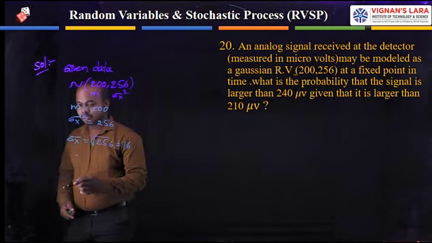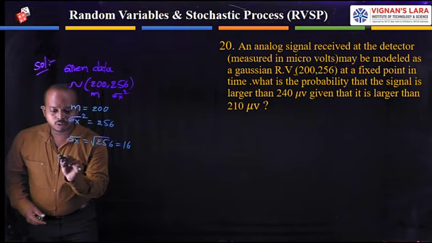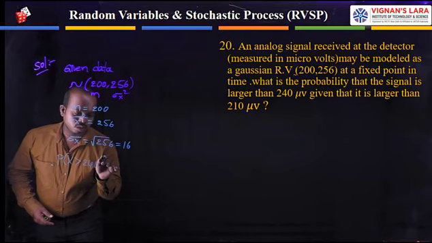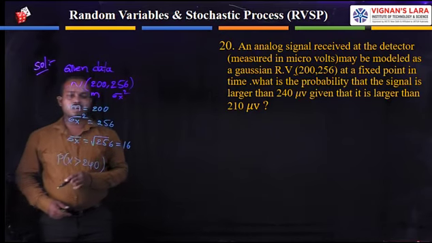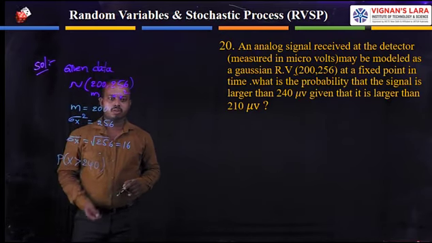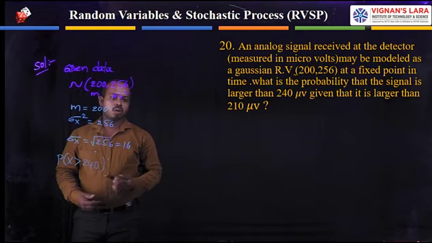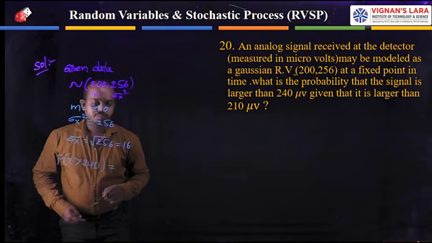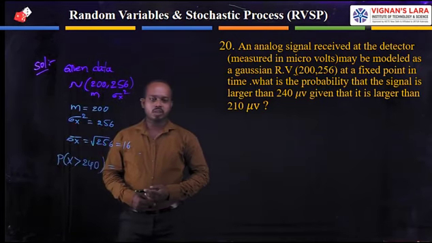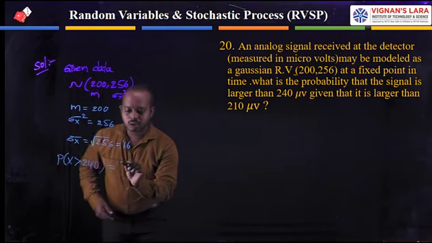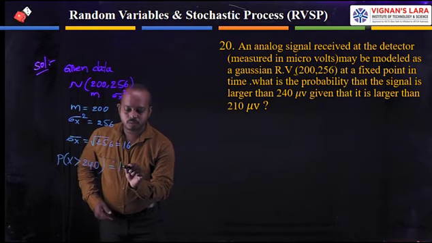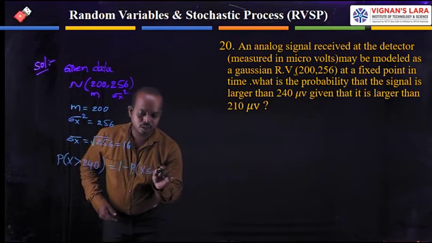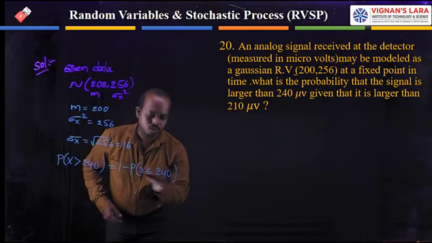First of all, I am finding the probability that capital X is greater than 240 microvolts. Here I am not mentioning the units, but otherwise you can write the units. This is equal to the opposite event: 1 minus the probability of capital X less than or equal to 240 microvolts.